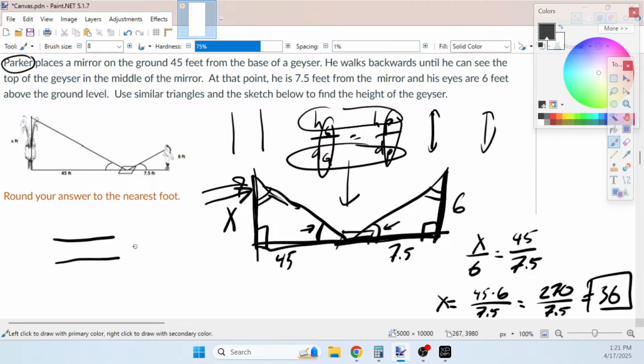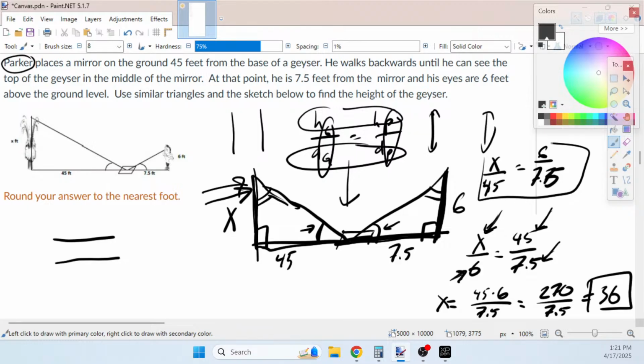I could switch it around and say, instead of geyser height over geyser distance, I did geyser height over Parker height equals geyser distance over Parker distance. I could have easily done it this way as well. Geyser height over geyser distance equals Parker height over Parker distance. That would also get me this.